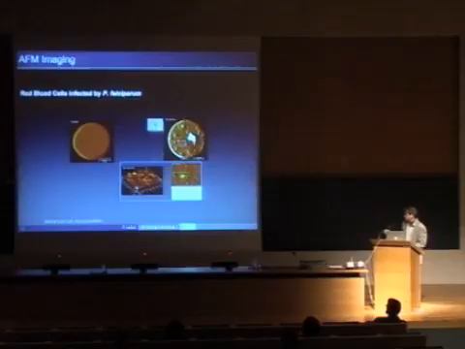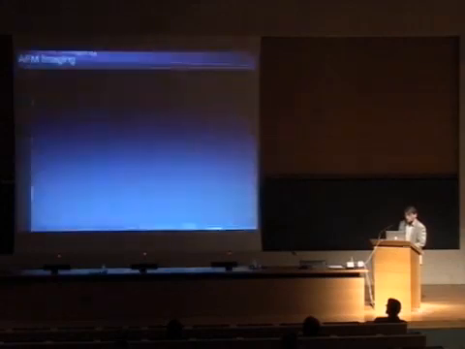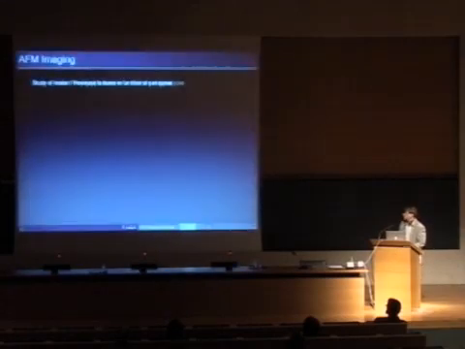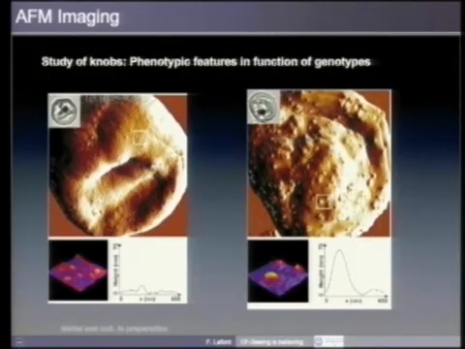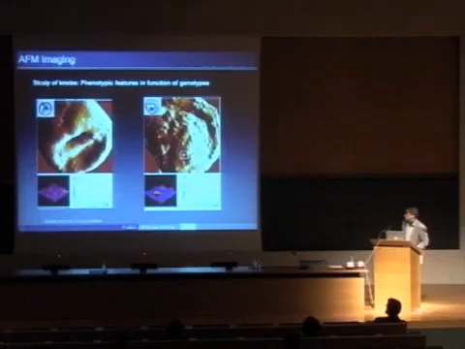So thanks to these techniques, we can follow the structure of those knobs at different stages of development, and also using mutant strains of Plasmodium. And in all the cases, what we are doing is following these structures.